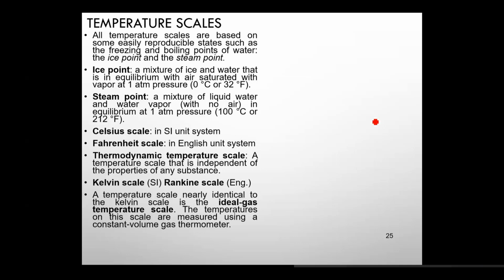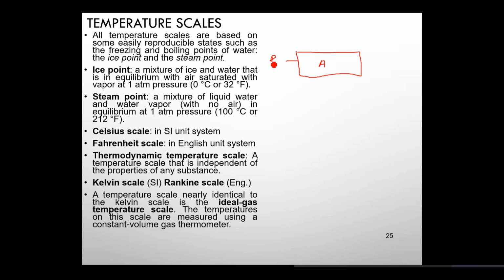Now let's say I have a container having a gas A and I have a pressure gauge attached to it. Clear? I know by the ideal gas law that temperature is directly proportional to the pressure of a gas if the gas is at low pressure.